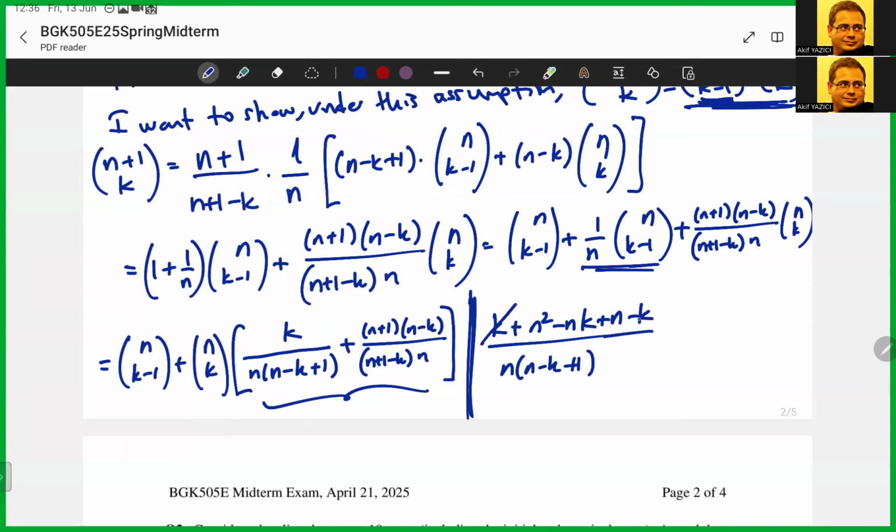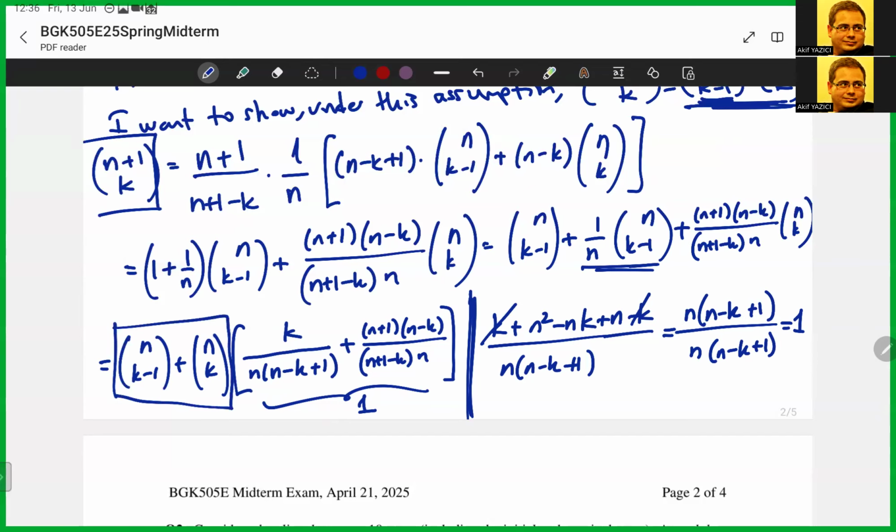Okay, so k with minus k goes out. So what I'm left with is n squared minus nk plus n. If I factor out n, I will have n minus k plus 1 divided by n minus k plus 1, which is exactly equal to 1. So this thing is indeed 1, and therefore this thing here is indeed equal to this.